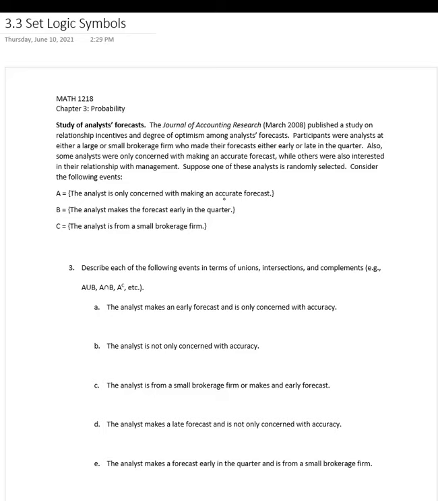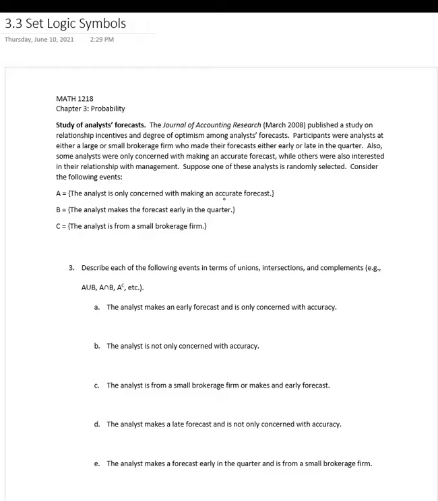Consider the following events. Event A is the analyst is only concerned with making an accurate forecast. Event B, the analyst makes the forecast early in the quarter. And event C is the analyst is from a small brokerage firm.